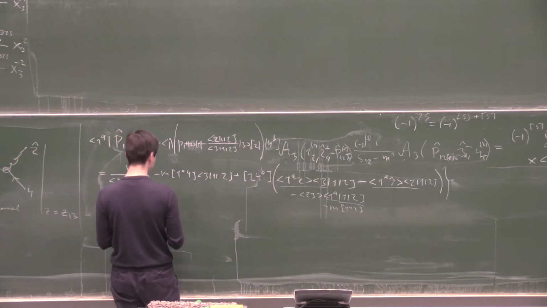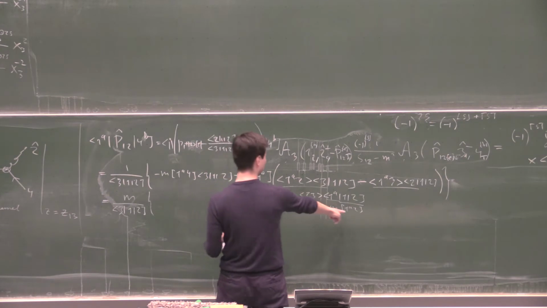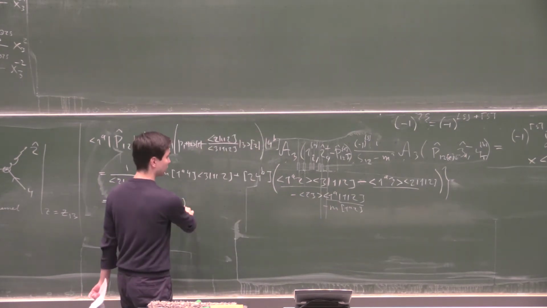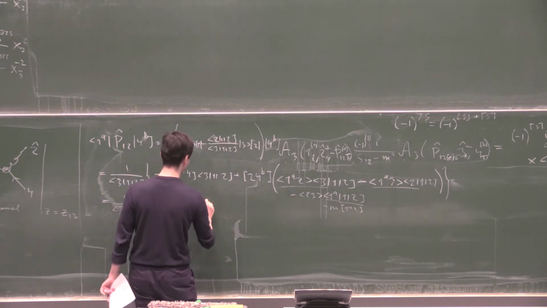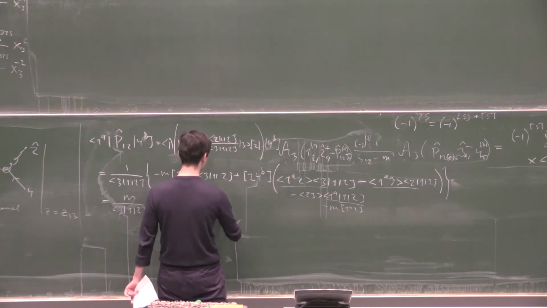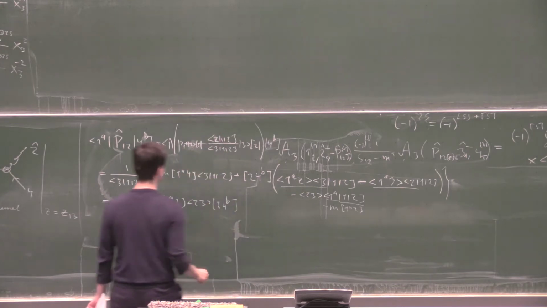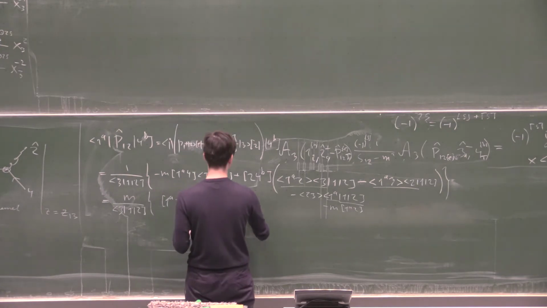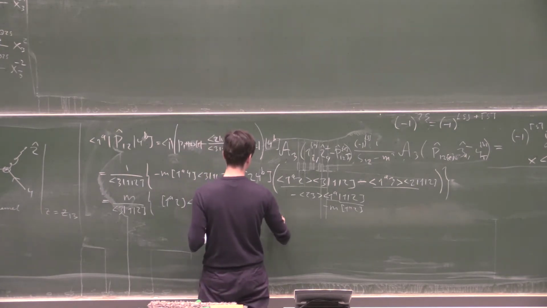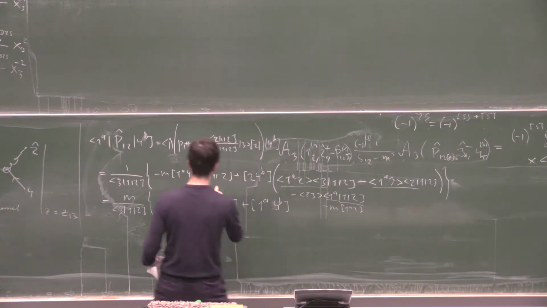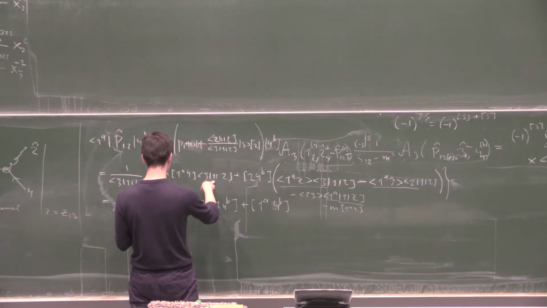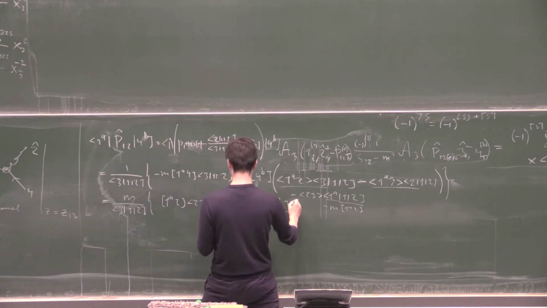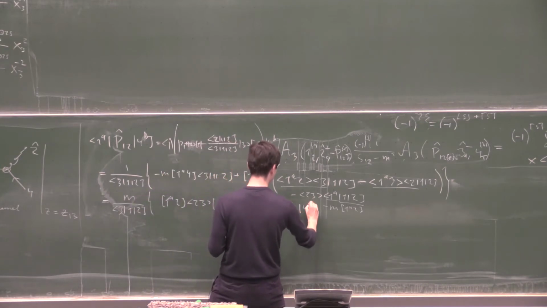And so this term becomes 1, 2, then 2, 3, then 2, 4. And this term I rewrite, switching this momentum to 4, 2, 4, 3.